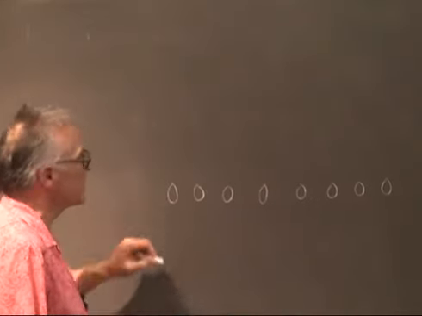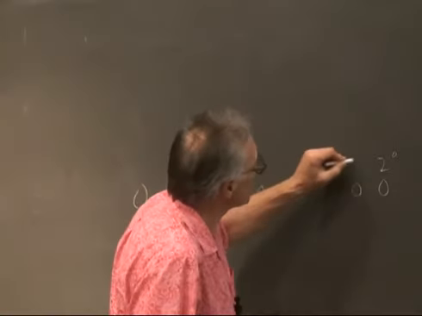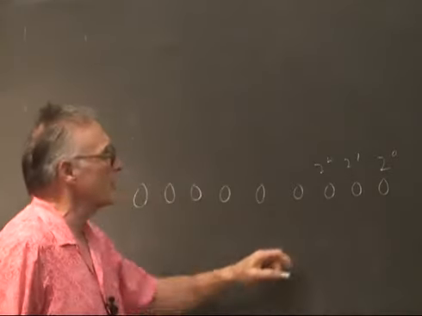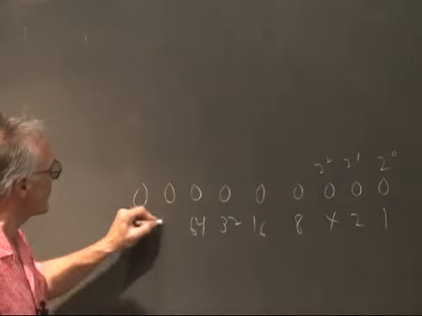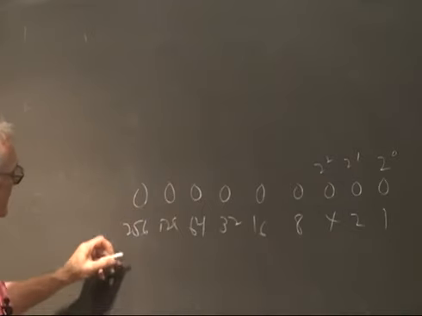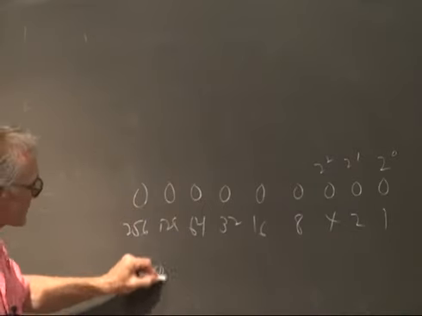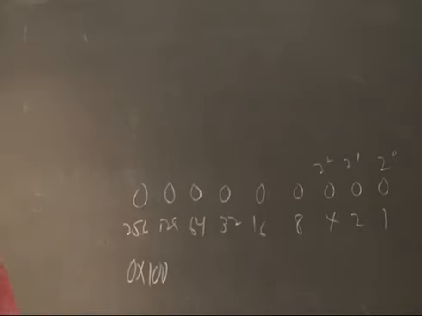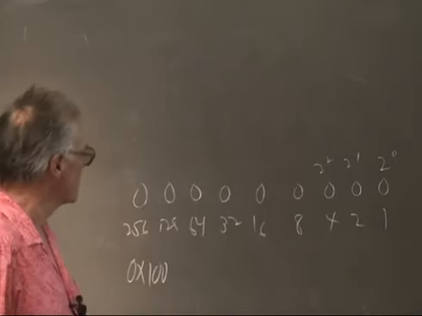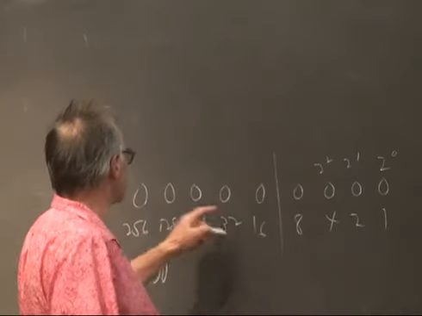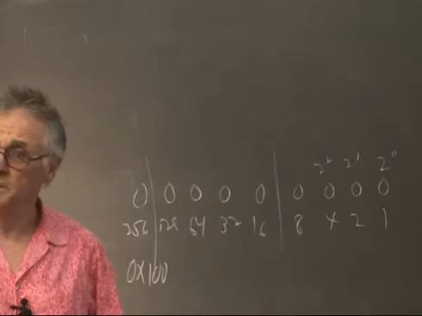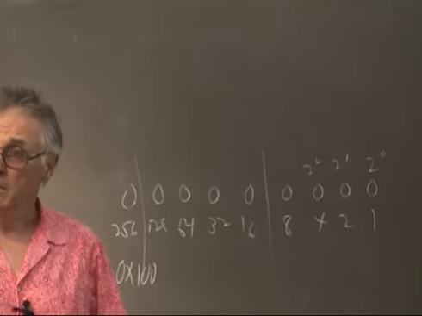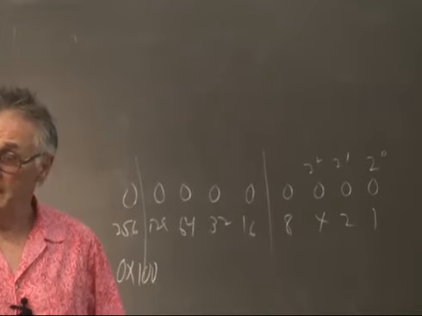1, 2, 3, 4, 5, 6, 7, 8, 9. 2 to the 0, 2 to the 1, 2 to the 2. 1, 2, 4, 8, 16, 32, 64, 128, 256. 256 is hexadecimal 0x100. Hex digits. So, what will be the scan code? B7 is high.